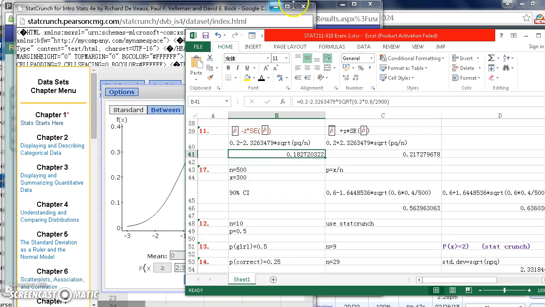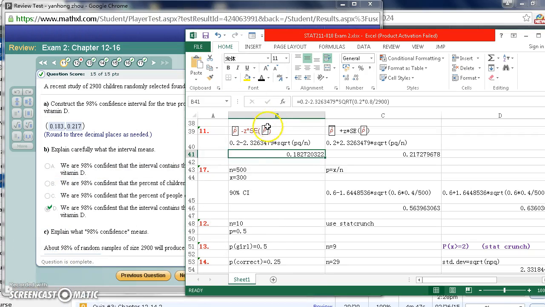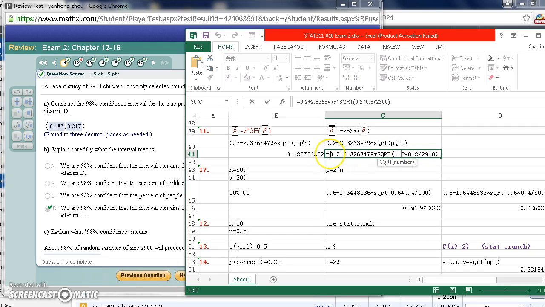So I got the lower bound. You can use your calculator to calculate this number as well. The way I'm using Excel is because I want to show you how to plug in the numbers. Similarly, for the upper bound, 0.2 plus z times the square root of pq over n.